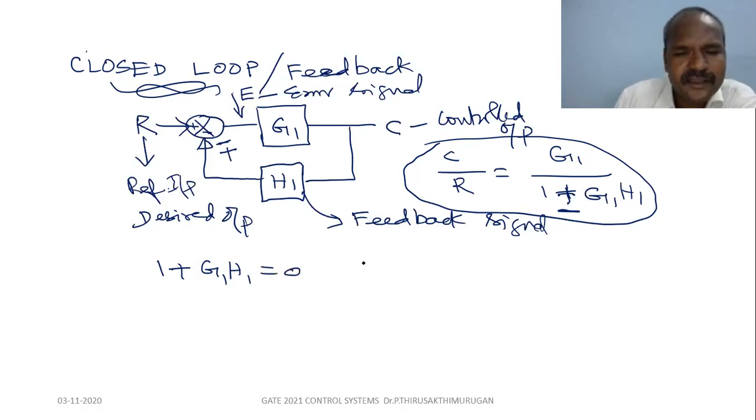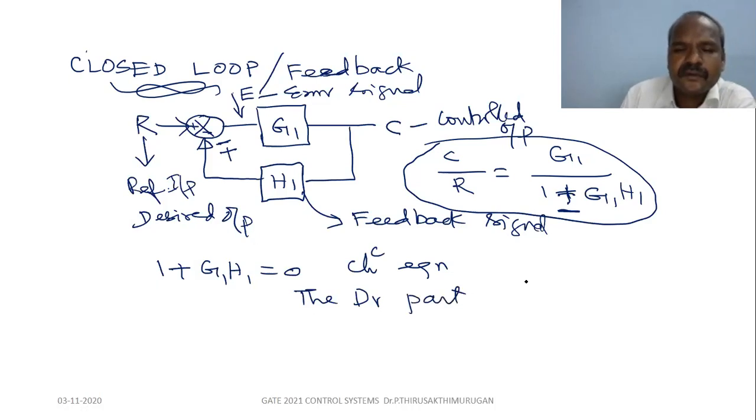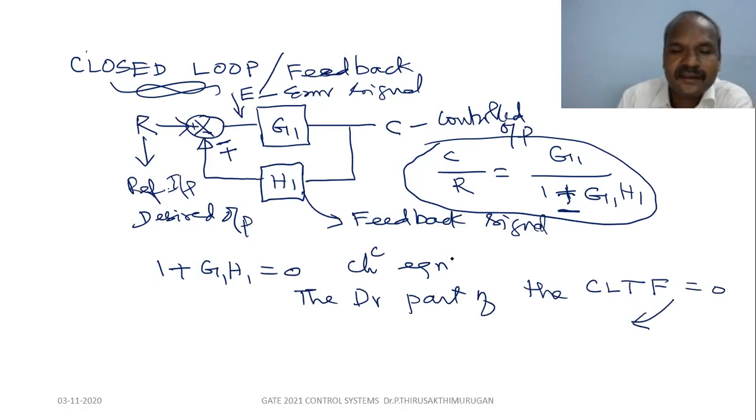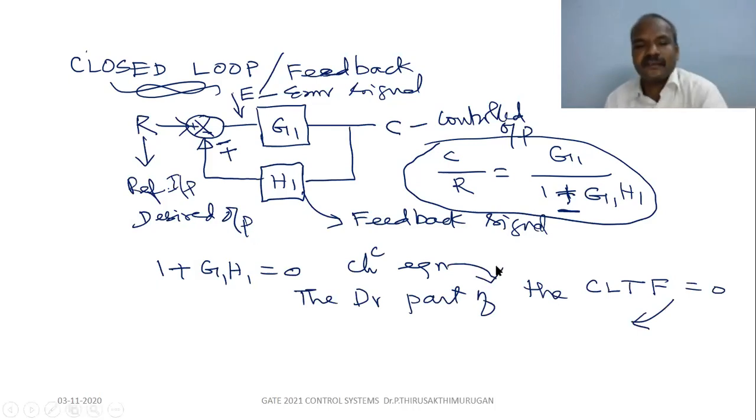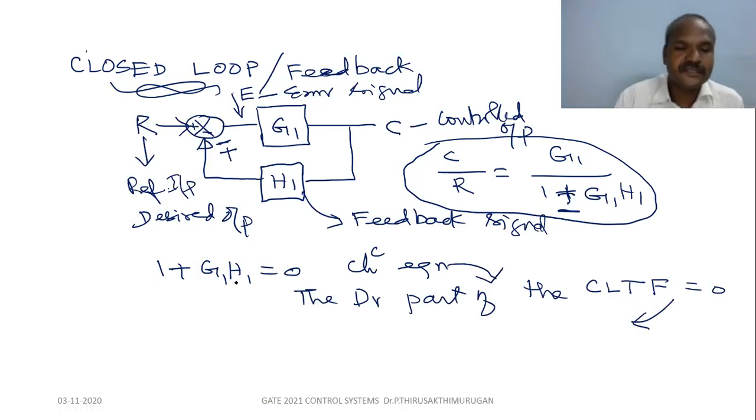This is called the characteristic equation. The denominator part of the closed loop transfer function equal to 0 is nothing but the characteristic equation, 1 plus G1 H1.